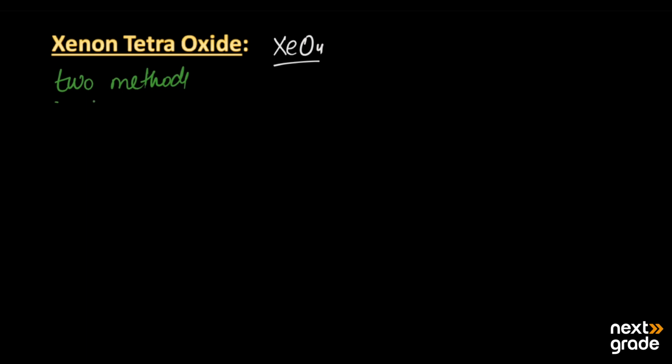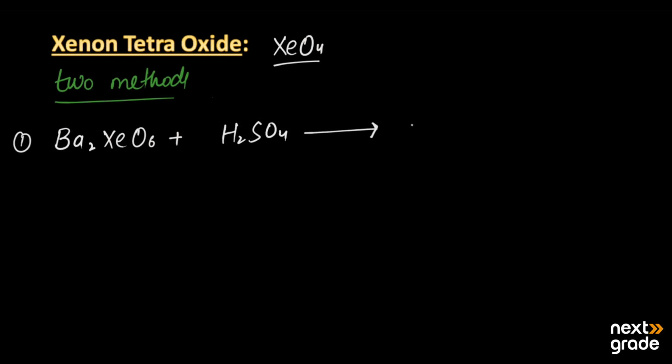Among these two methods, for the number one method we have the compound Ba2XeO6. When it reacts with sulfuric acid, upon this reaction it produces xenon tetroxide plus barium sulfate, BaSO4, plus water.